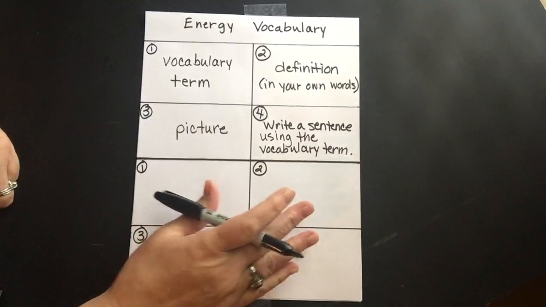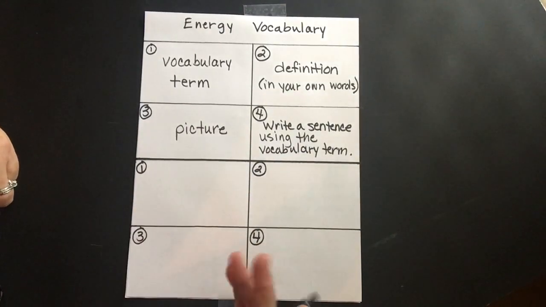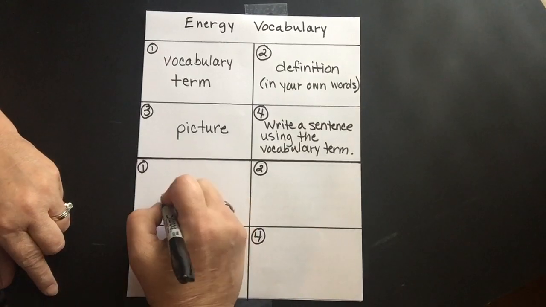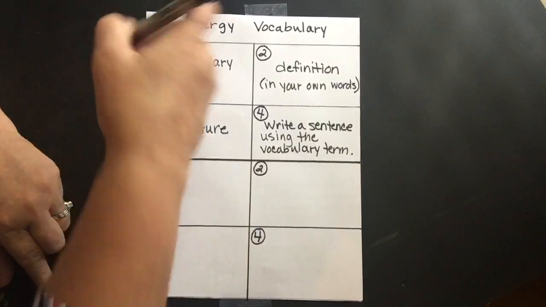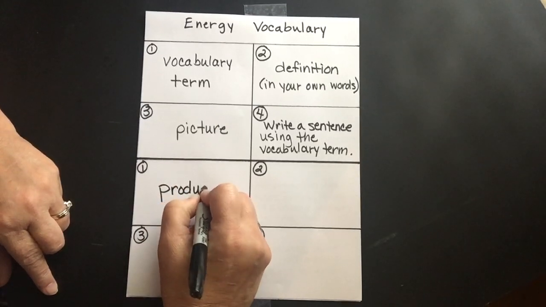On the bottom, I'm going to take the first word from our first unit and show you what that looks like when you get it done. So our first word in our energy unit is going to be producer.